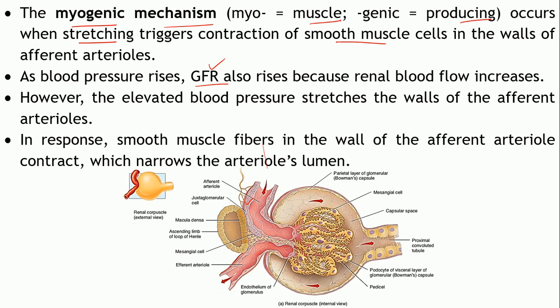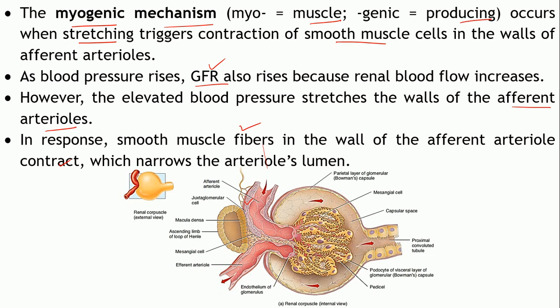However, the increase in the blood pressure stretches the walls of these afferent arterioles. In response to this, the smooth muscle fibers will contract, right, because of the feedback mechanism.